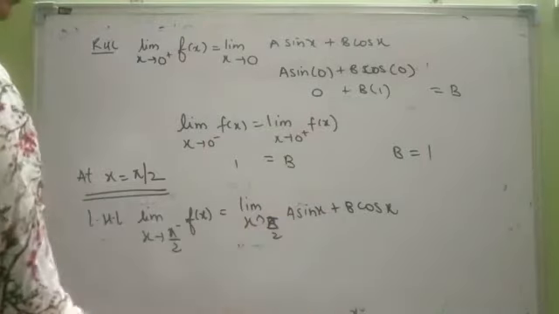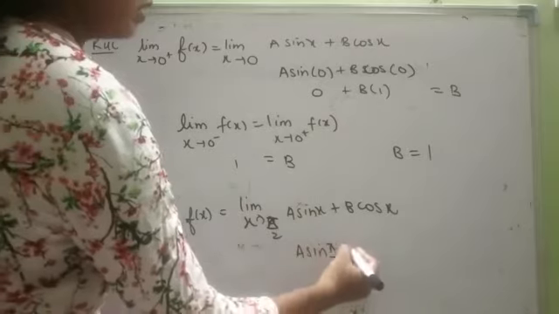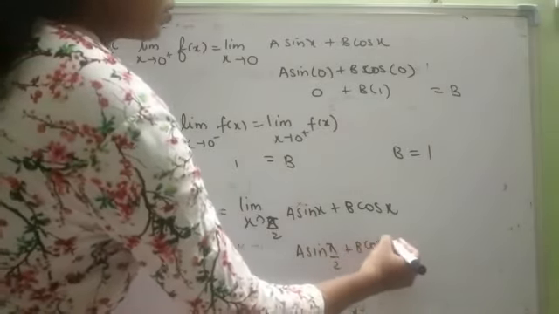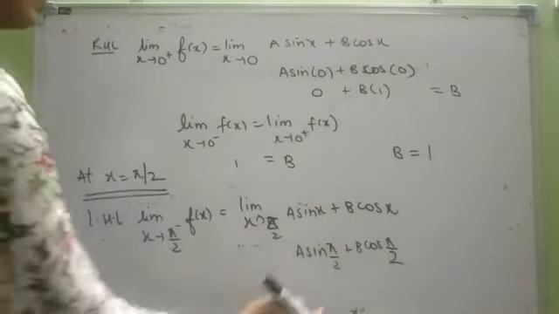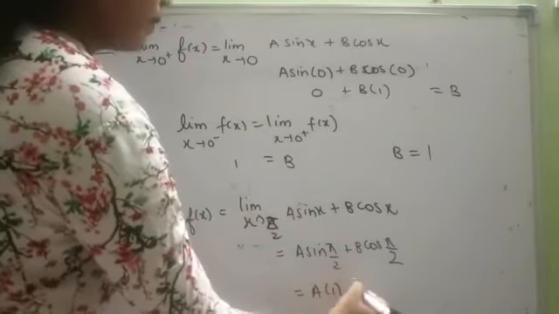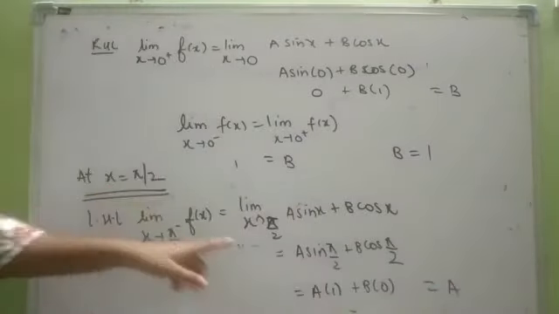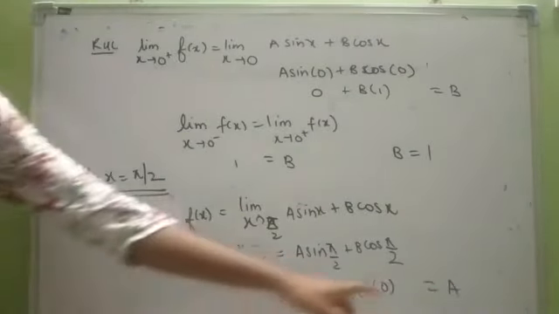Okay. Now direct substitution because there is no denominator. So a sin of pi by 2 plus b cos of pi by 2. This will be 1 now. Cos pi by 2 will be 0. So answer is a. So your left hand limit is a.